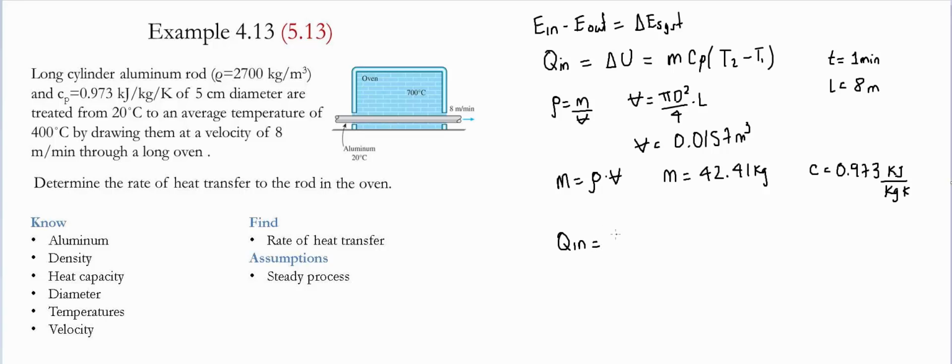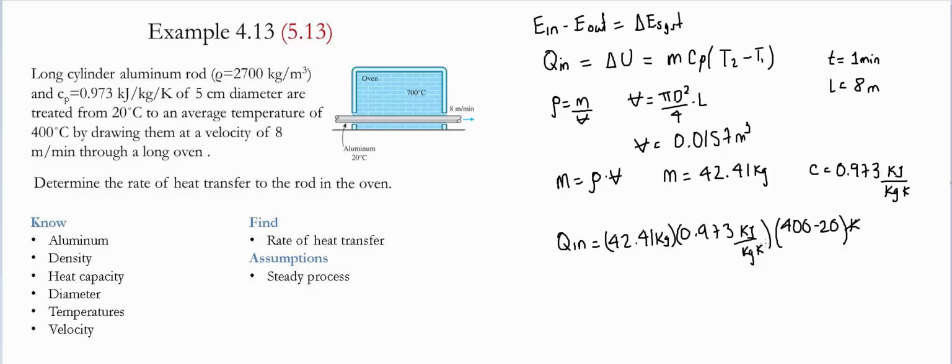Then we find that the amount of heat going in, or the energy going in, is going to be equal to 42.41 kilograms times 0.973 kilojoules per kilogram Kelvin, times the change of temperature, which goes from 40 to 20 Celsius. This change is either Kelvin or Celsius, since the delta is the same value.